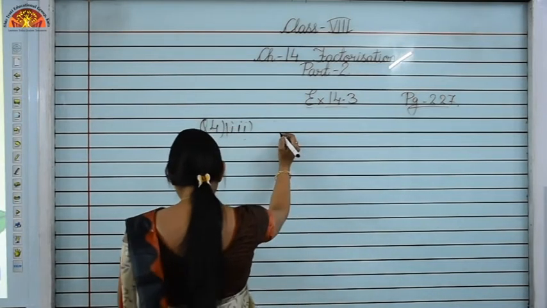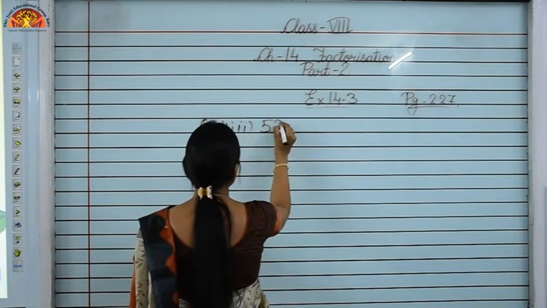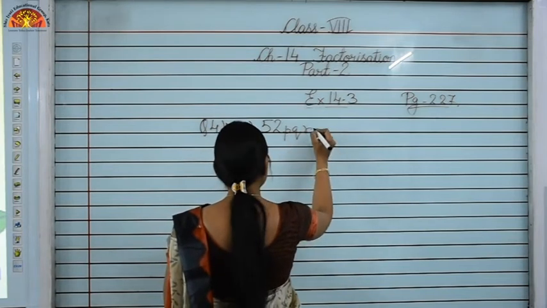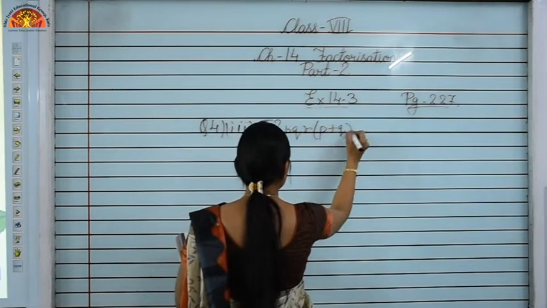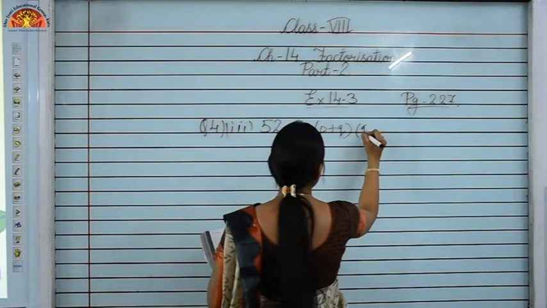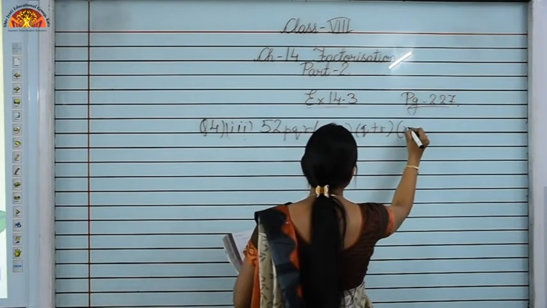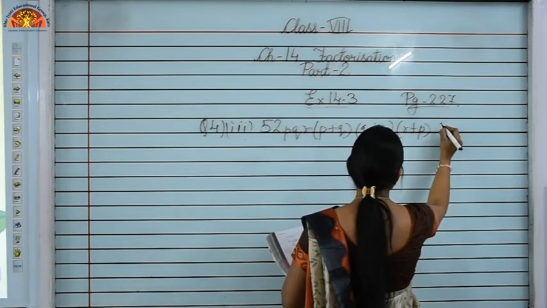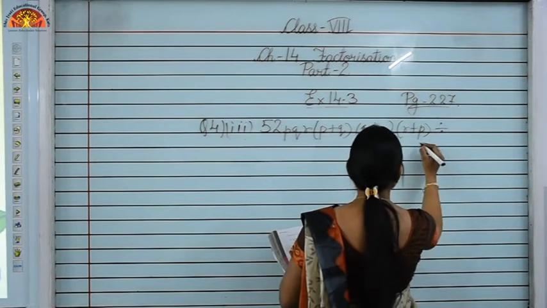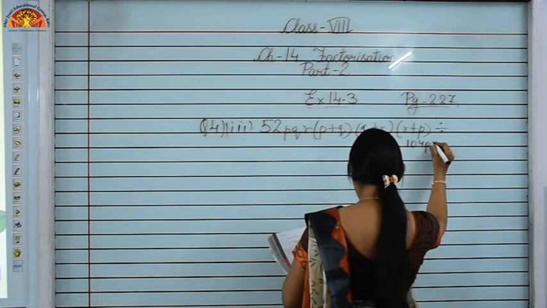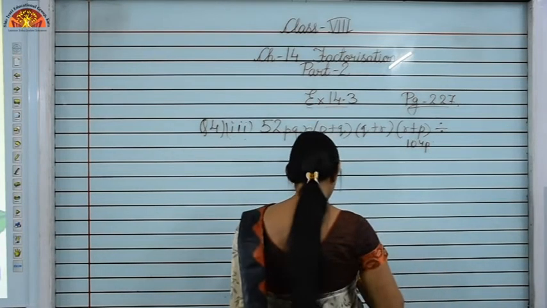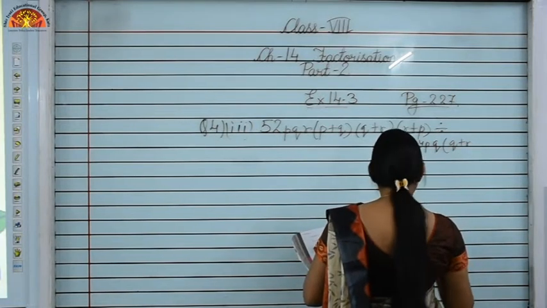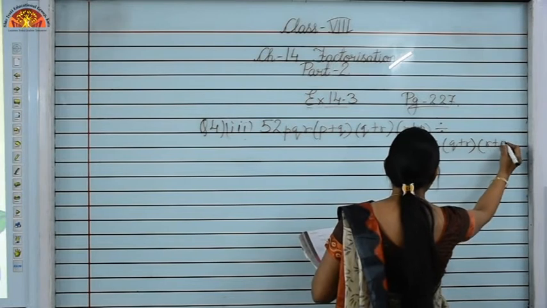It is 52 PQR into (P plus Q) into (Q plus R) into (R plus P) whole divided by 104 PQ into (Q plus R) into (R plus P).